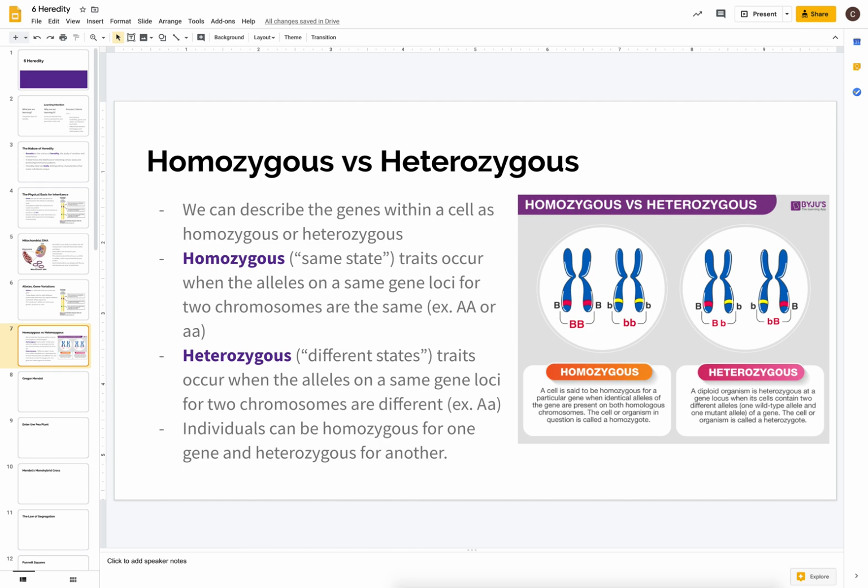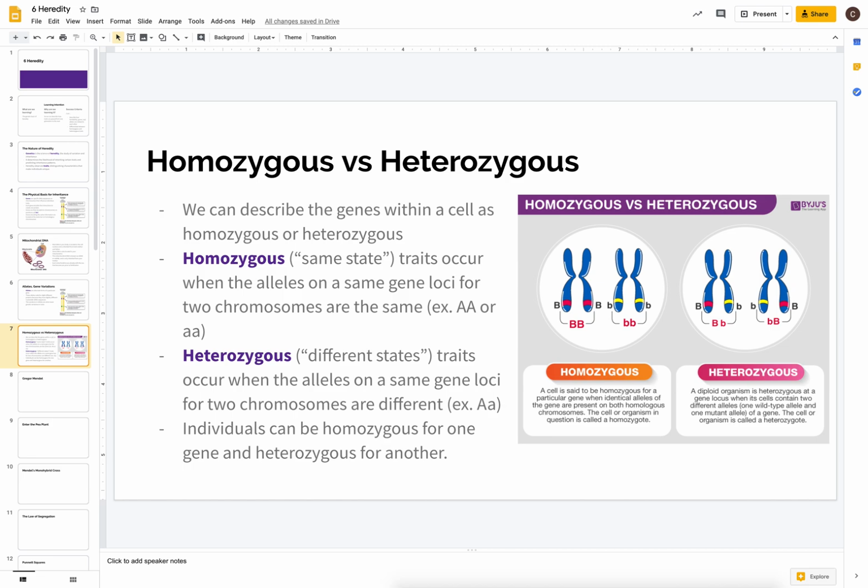So they're both big A, or little a, okay? We often use letters to represent different gene alleles. So the capital letter and the lowercase letter represent two different alleles. So if it's homozygous, it's going to be the same allele on both of an individual's chromosomes. And if it's heterozygous, a different state, that means that it's going to be different on the two chromosomes. One might have a big A and the other one has a little a.